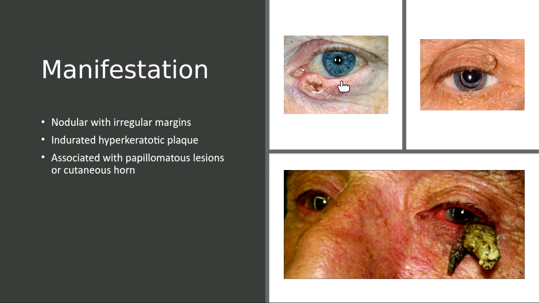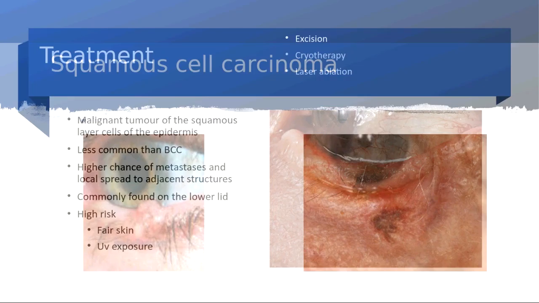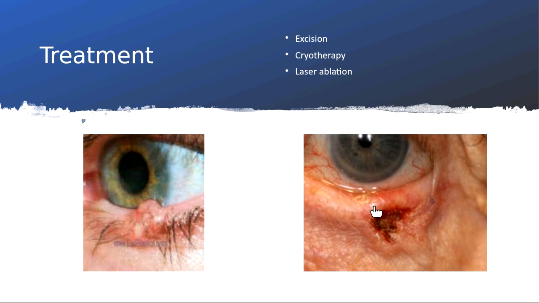Okay, thank you. Right. But remember, as I said, there are certain features that are pathognomonic of a basal cell carcinoma: the rolled edges, and the little crater that is forming, and the pearly lesions. Those are pathognomonic of basal cell carcinoma.